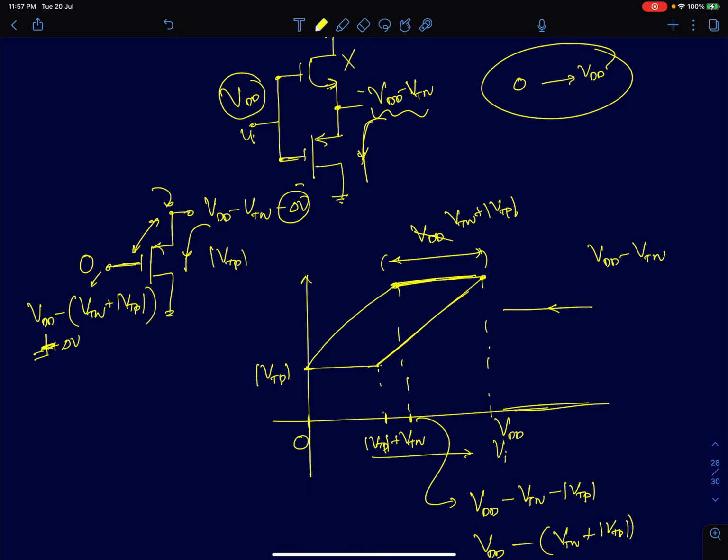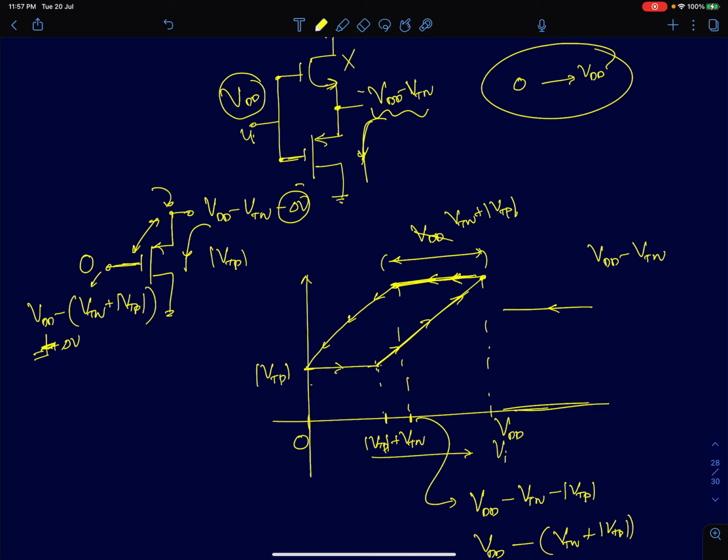An interesting observation to make here is that there is a built-in hysteresis in the circuit. As your input voltage increases, the point where the transition happens is different from when the input voltage is changing in the opposite direction. So there is a built-in hysteresis in this circuit.